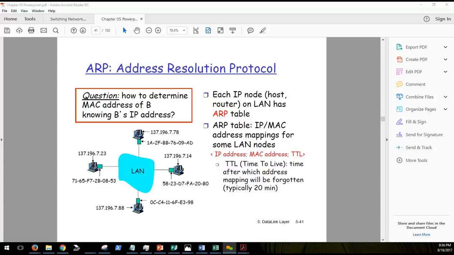All right, I'm back. Next we're looking at ARP, or Address Resolution Protocol.